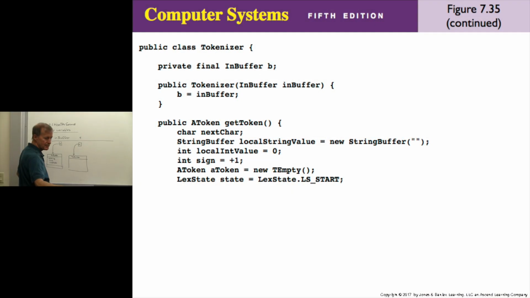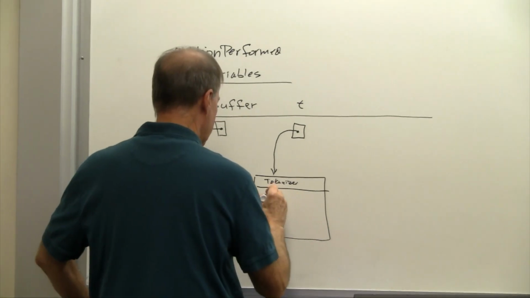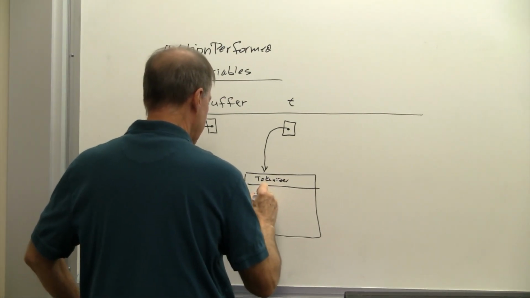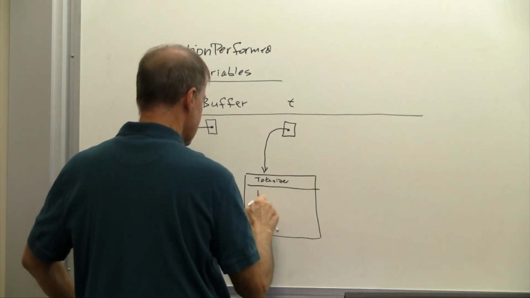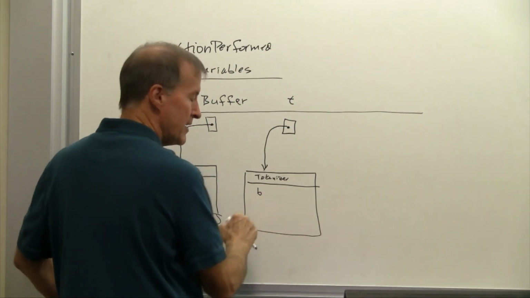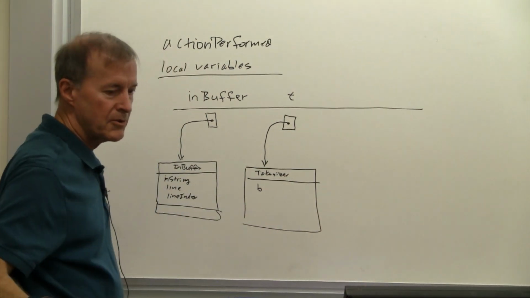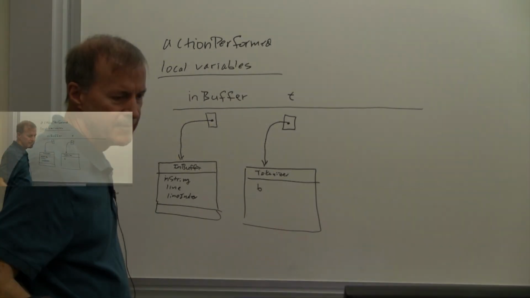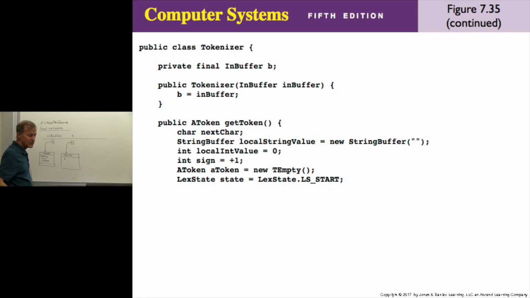It has a private final what? InBuffer b. So inside here there is a b. Are you with me? I think that's the only attribute it has, right?